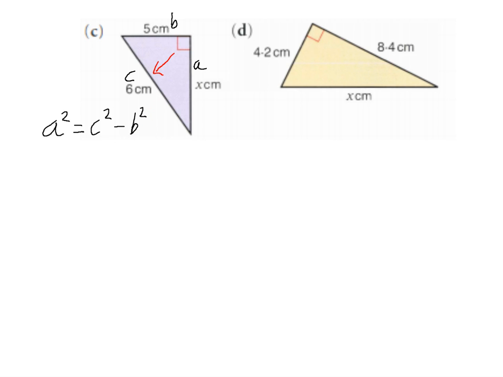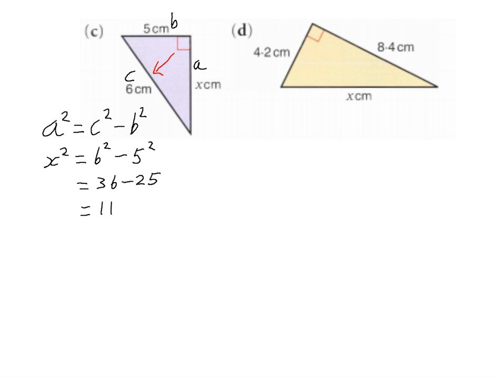Okay. Then we substitute our numbers into that. So the first one is the unknown that we're looking for, x squared equals 6 squared minus 5 squared. I'm going to put in the other line for anybody who isn't using their calculator to jump down to the next one. 6 times 6 is 36, 5 times 5 is 25.